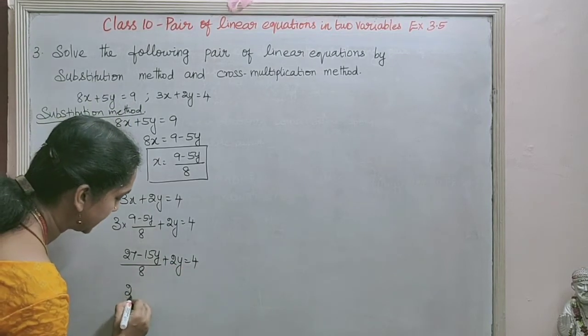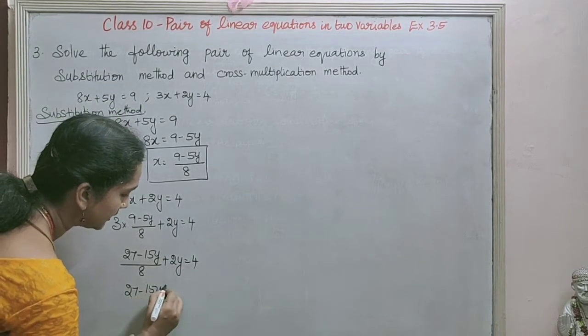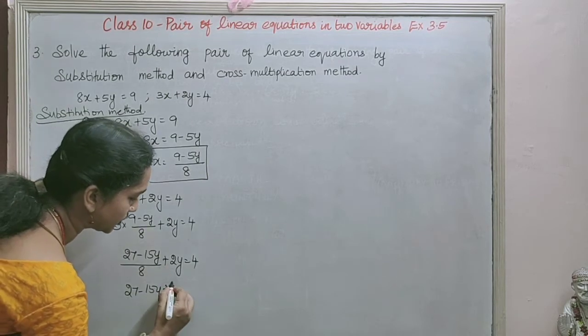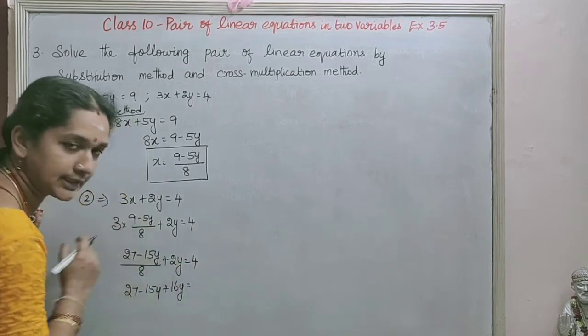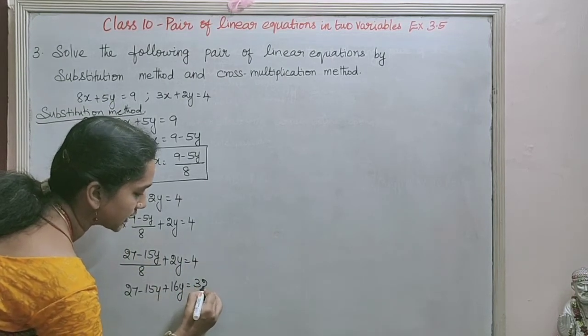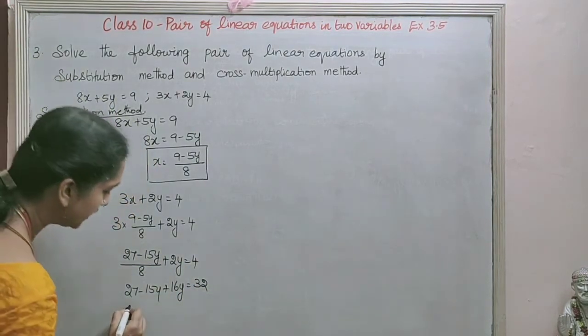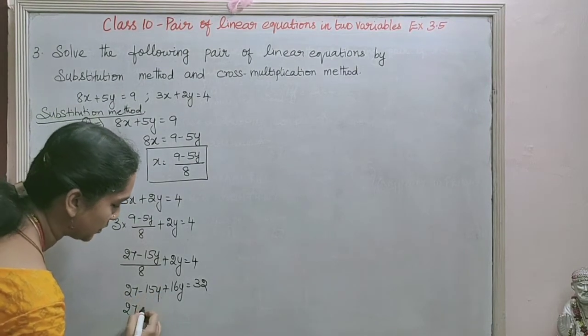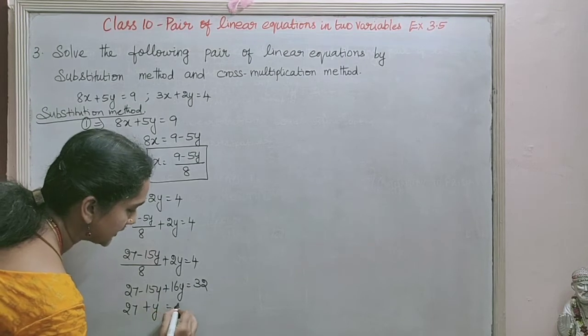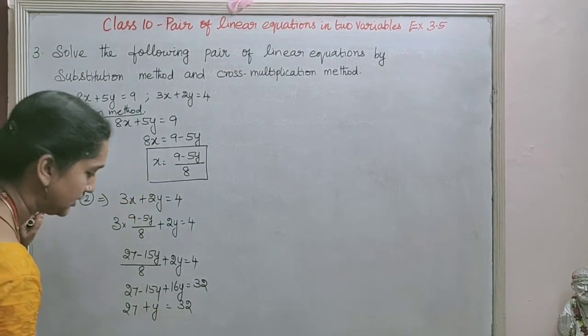So 27 minus 15y plus, taking the LCM, 16y is equal to, this 8 will go to the other side, 8 4s are 32. So 27 minus 15y plus 16y, that is plus y, is equal to 32.